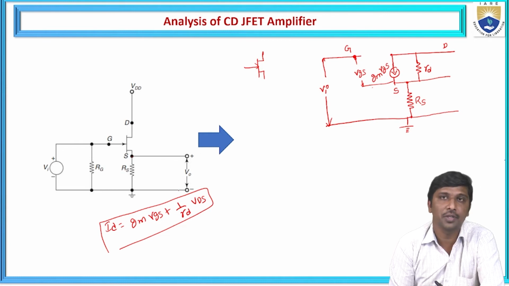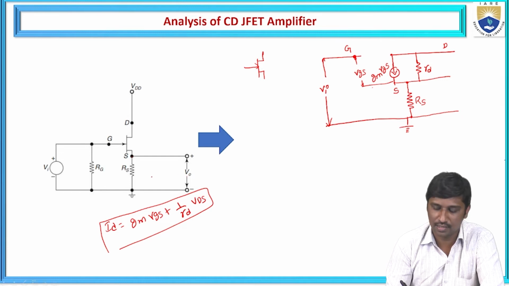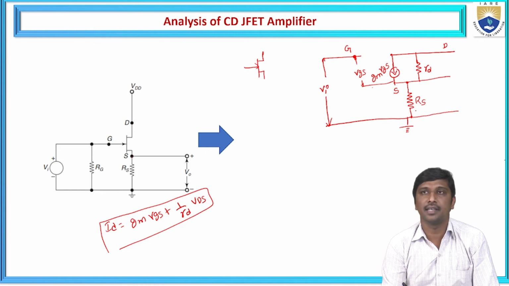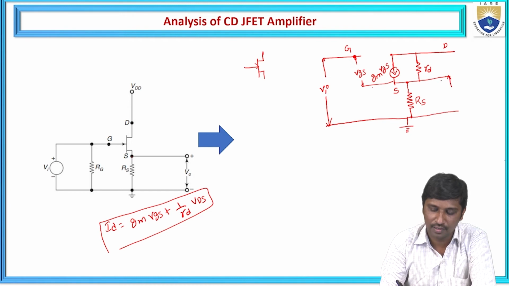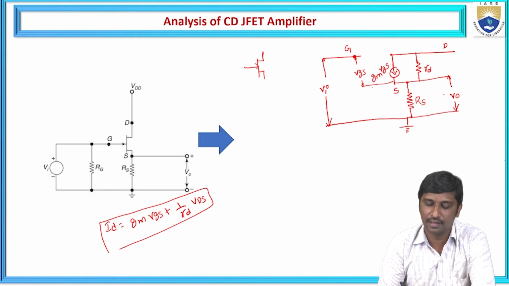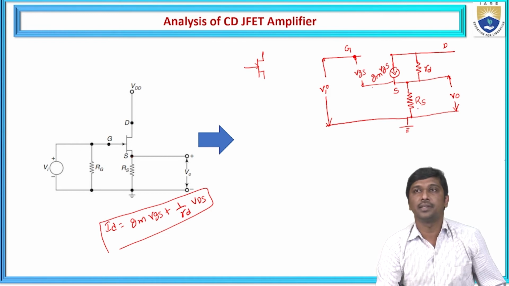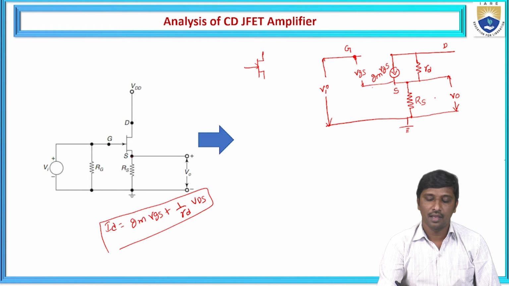Now we are going to represent the output parameter also. If you observe this circuit, the output voltage is taken across the load resistance. Which one is the load resistance? RS acts as the load resistance. This is my output node. V0 is taken across the load resistance, also called the source resistance, represented as RS.